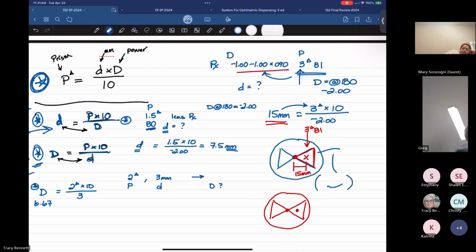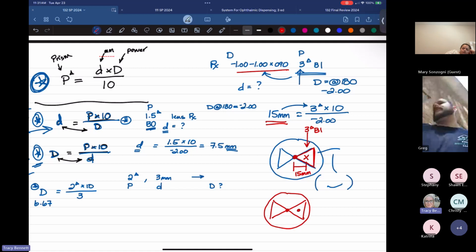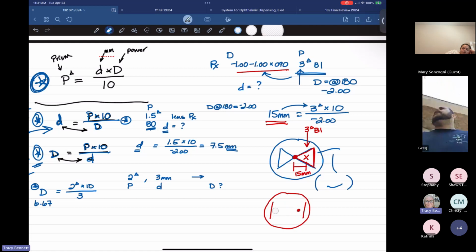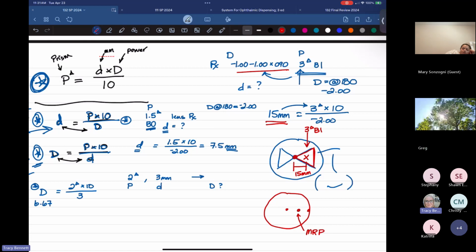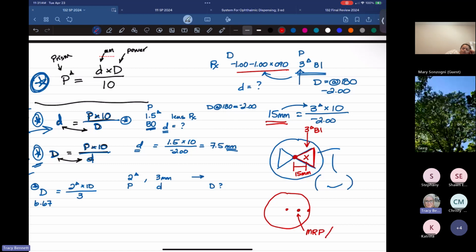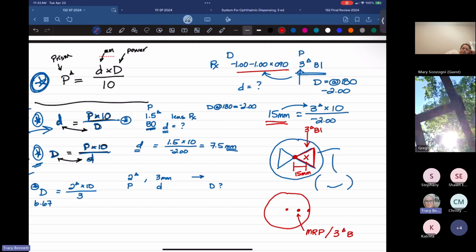Okay. So regardless, that's 15 millimeters. So regardless, when we spot this lens in the lens meter, that major reference point needs to be 15 millimeters away from center so that they are experiencing 3 diopters of base-in prism.